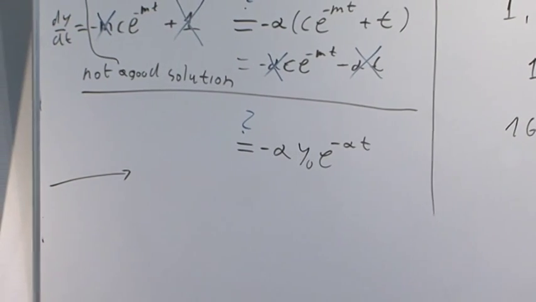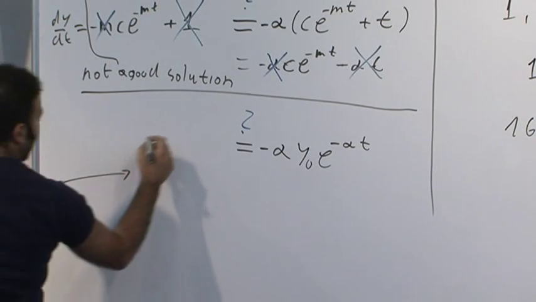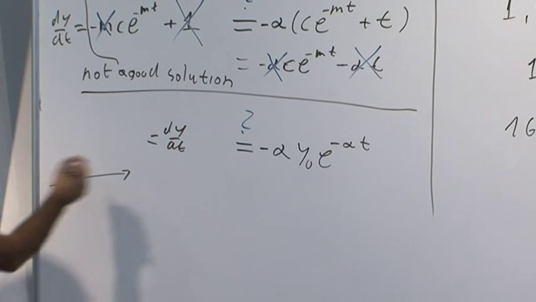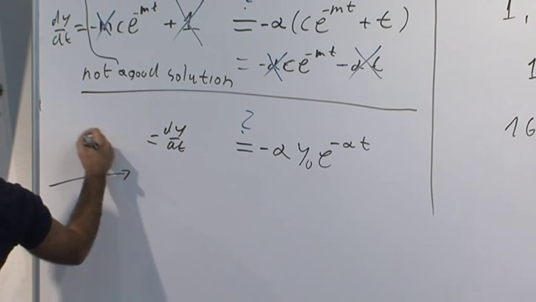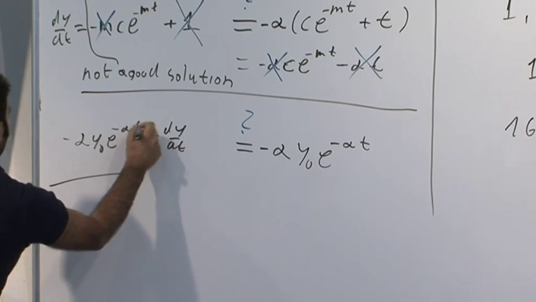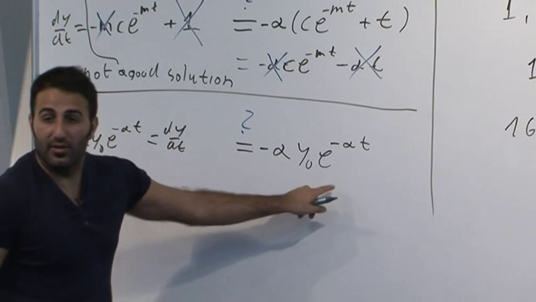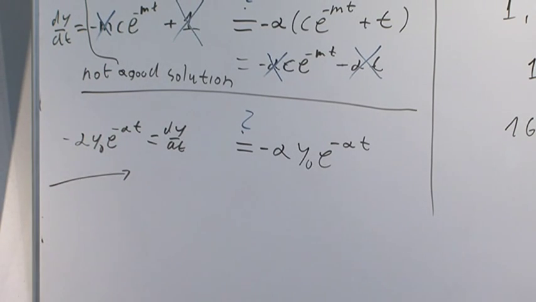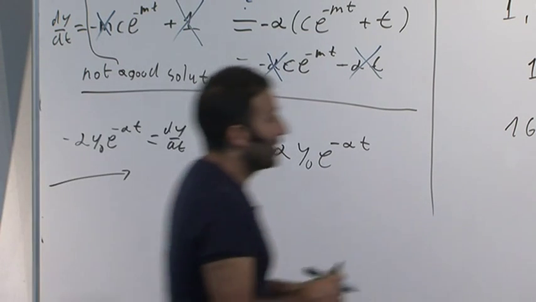On this side, we have to take the derivative, dy over dt, which equals minus alpha y0 e to the minus alpha t. And you can see those are both the same. So this is a true statement, so that means this is a good solution. Any questions?